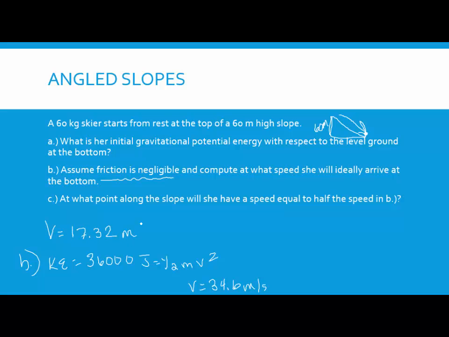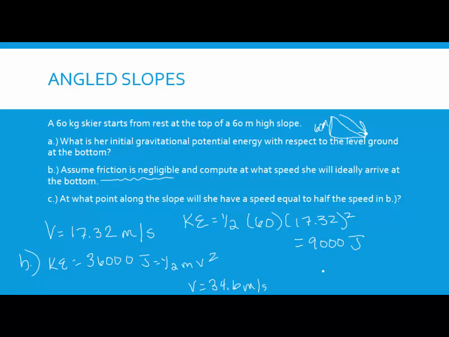17.32 meters per second. So let's figure out what her kinetic energy has to be when she's going this fast. 17.32 squared. We compute that, and we get that her kinetic energy is 9,000 joules.